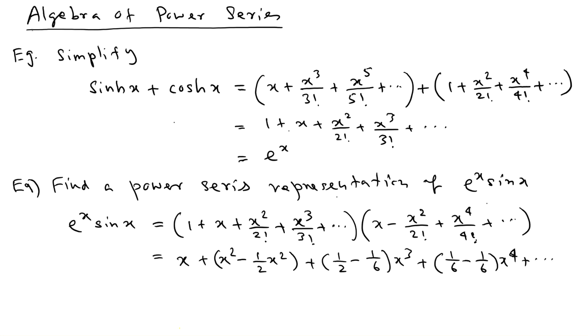Those are the first few terms, and you can see they simplify, and then you end up getting x plus x squared plus 1/3 x cubed, like that. So that is a power series representation of e to the x sin x.